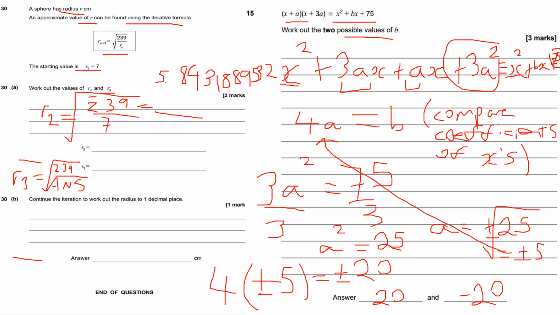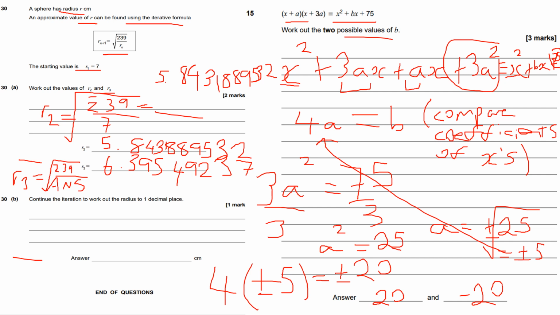So R3 here will be equal to 6.395493. I'll leave it as that. And the first one here will be 5.84318895532. And I'm going to put a 7 here.